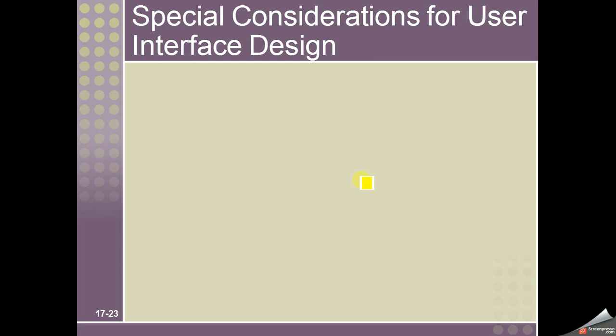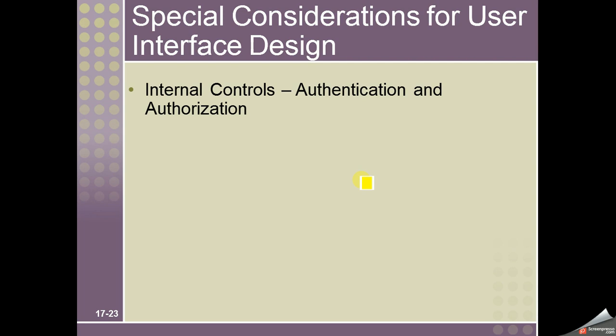Okay. Then there are some special considerations for the user interface design, like internal control, authentication, and authorization. We all know that for the service provider side, we need to authenticate, and for the user side, we need to authorize the user.